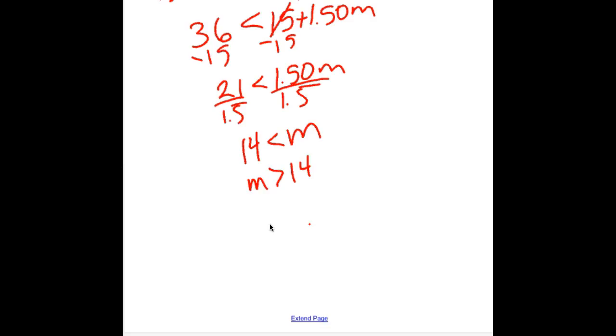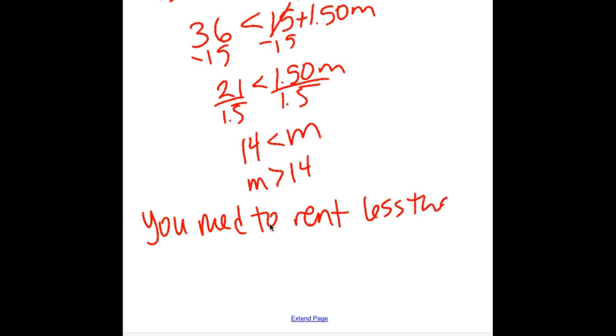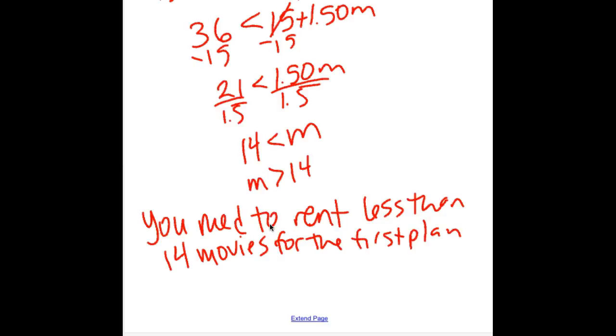So we need to interpret that. We would say you need to rent more than 14 movies for the first plan to be cheaper.